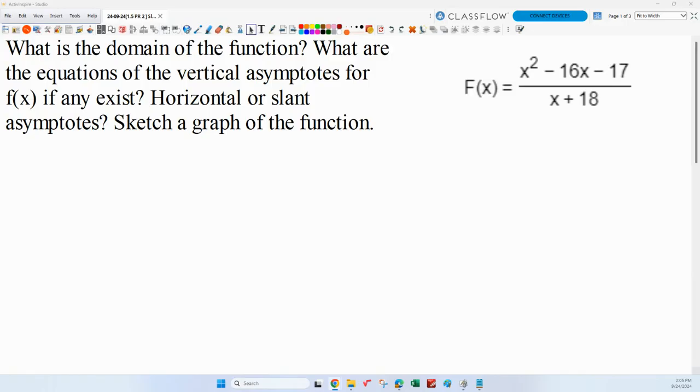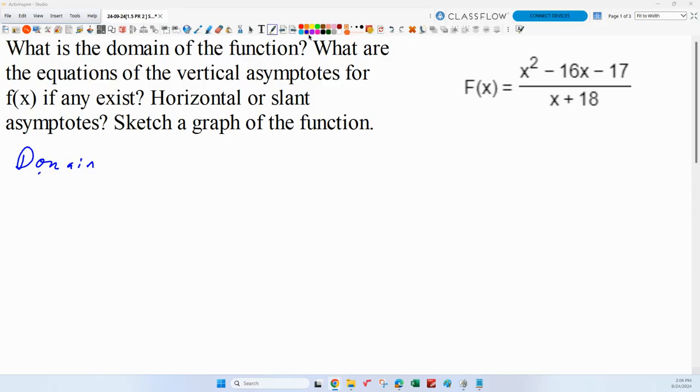There's a vertical asymptote because negative 18 is a 0 of the denominator, right? I don't know if it's a vertical asymptote or a hole. If negative 18 is a 0 of the denominator but not the numerator, that's a vertical asymptote, guaranteed. If it's a 0 of both, then you have to resolve the indeterminacy. You can see that negative 18 is not a factor.